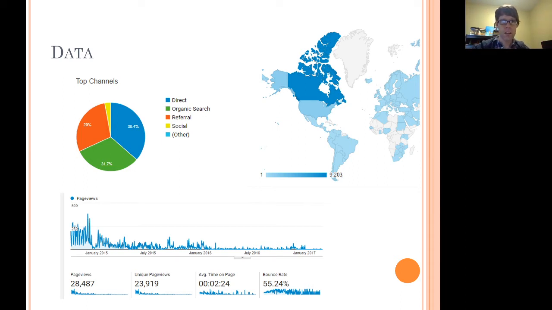To the right of this pie graph is what we call a temperature graph. It shows us where people were visiting from. For instance, you can see that it's a much darker blue here in Canada, because a lot of my views came from Canada. But notice that there were several views from the United States and various views from all around the world as well, which is interesting. It's a different way to display the number of hits we're getting from around the world.